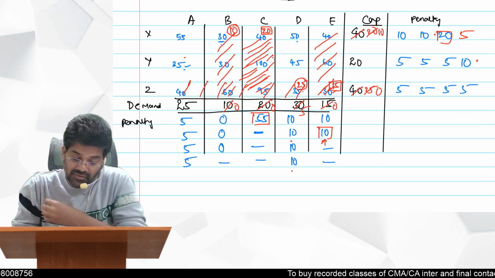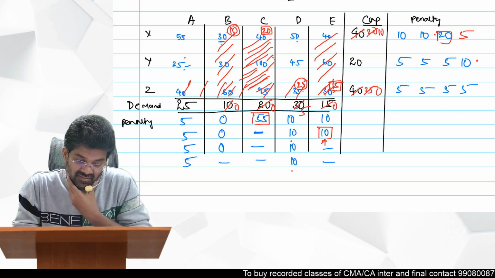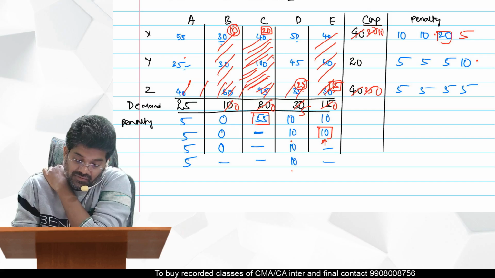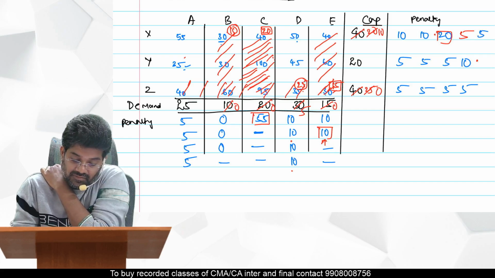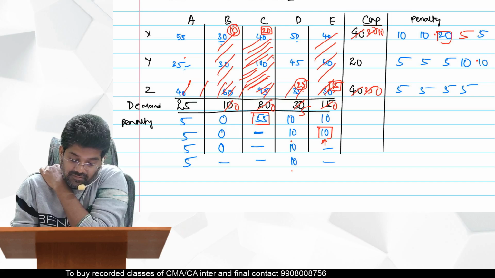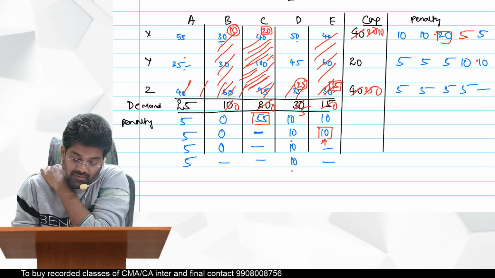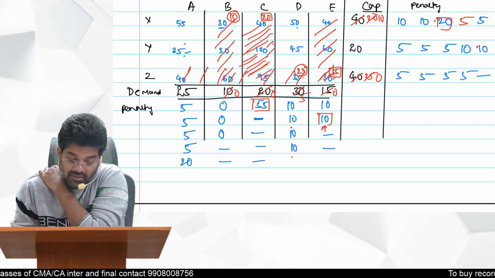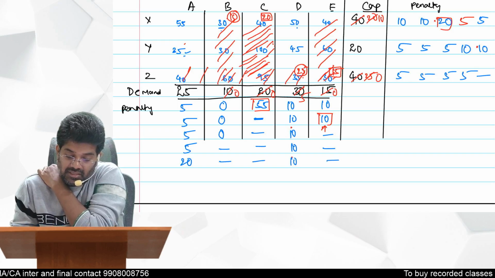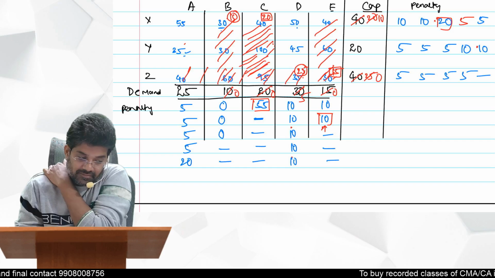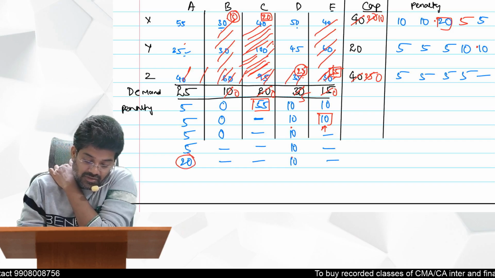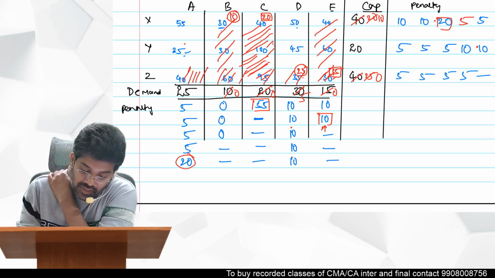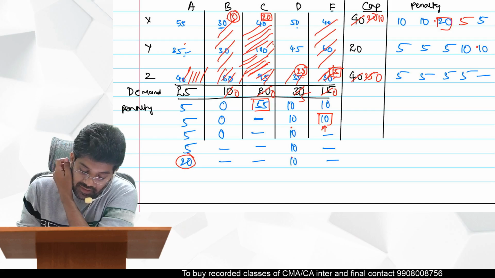Okay, now you are left with 50 minus 55, 5, 10, not applicable. Next 35 minus 55, 20, not applicable, not applicable. Here 10, not applicable. Highest is 20. In this, least cost is 35. What is the maximum I can allocate? 20 or 25, whichever is lower.